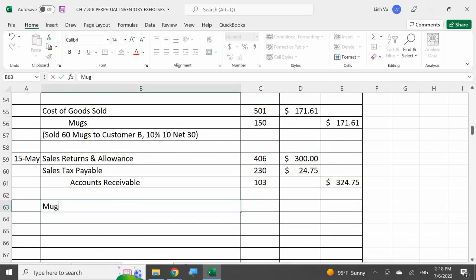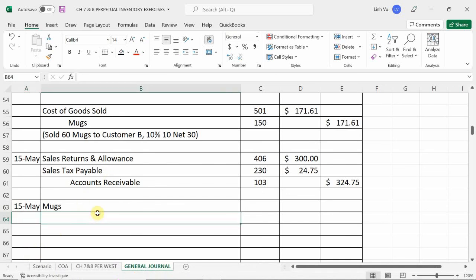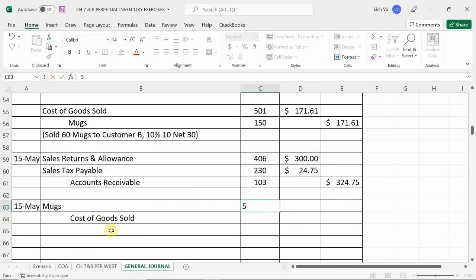Okay? And what's going to be my credit account? Don't you put it back into cost of goods sold because it has to be added back in? Correct, right? Because it's as if you never sold it. So we have to undo the cost of goods sold. So 150 and 501.